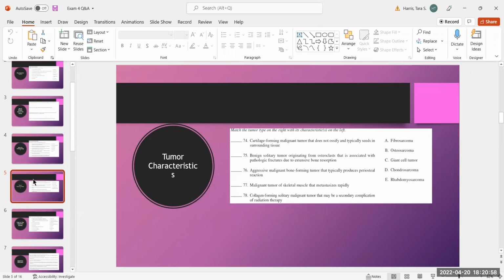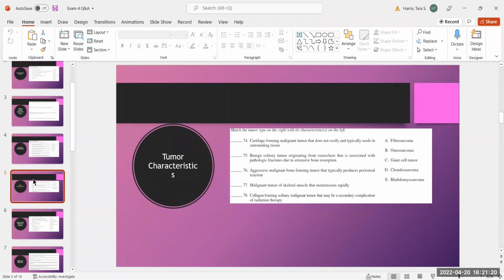Cartilage forming malignant tumor. So it's not benign, but it's more in the cartilage. Is it the chondrosarcoma? Yes. Chondro and cartilage are the two key points there. Okay.